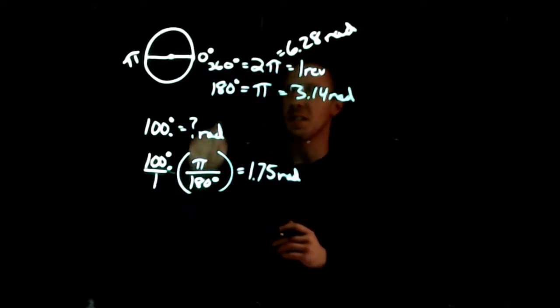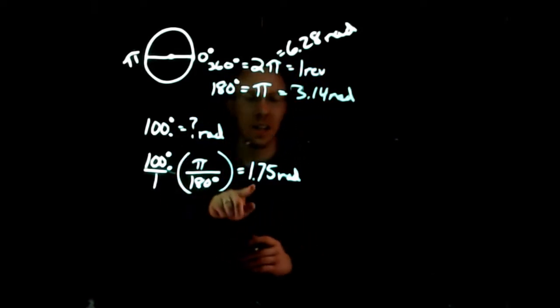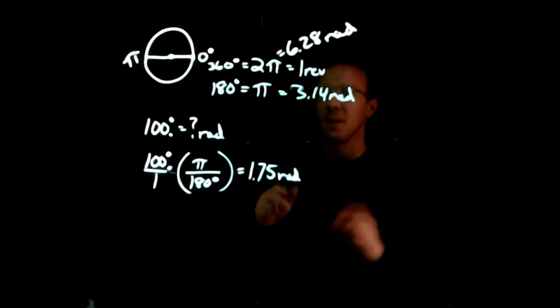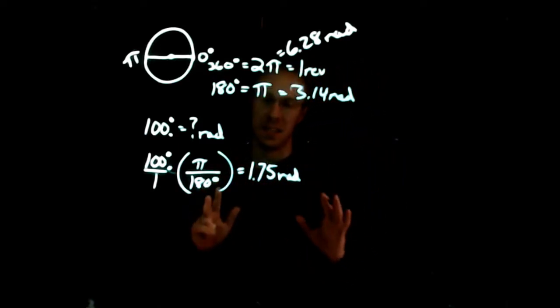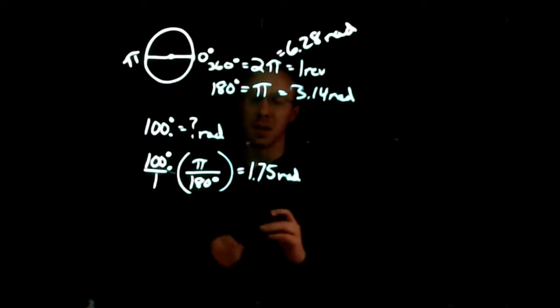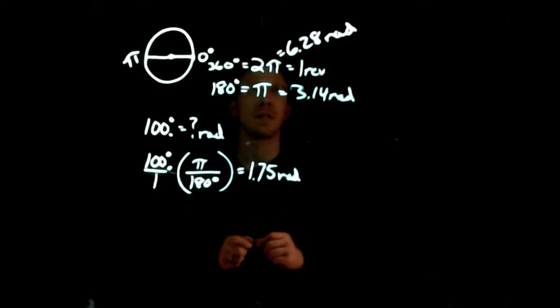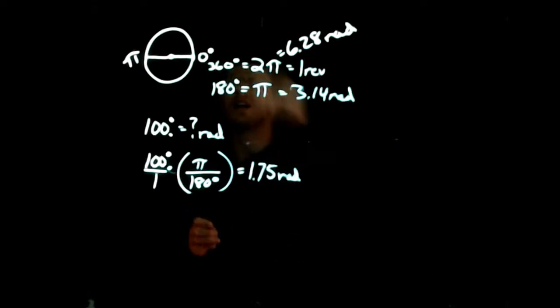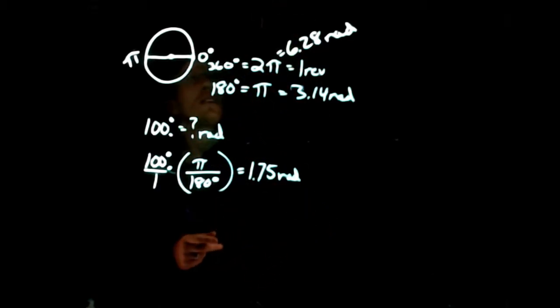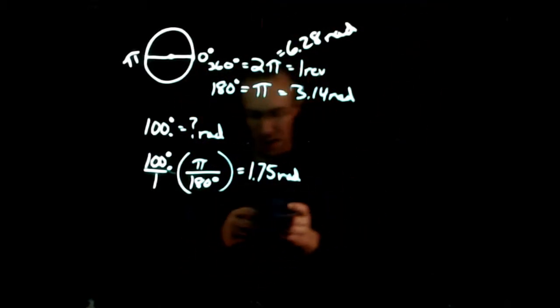So is 100 degrees less than 180? Yes. Is 1.75 radians less than 3.14? Yes. So at least we know that the answer makes sense. Regardless if it's right or wrong, it at least makes sense that it should be in the proper location. Okay, but this is the right answer. So that's a quick kind of review on how you could convert from degrees to radians.